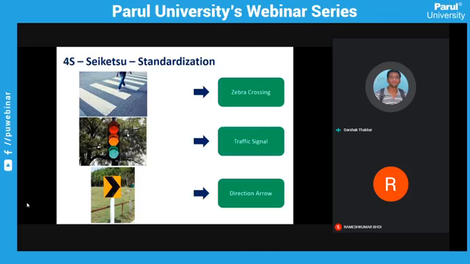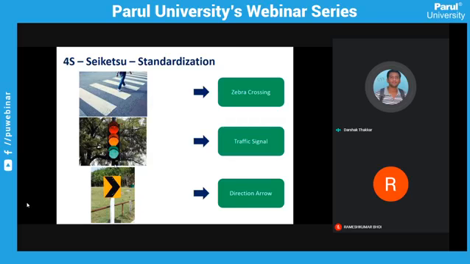Our workplace should be like this. Once you enter your workplace, you should not need to ask any person where you have to go, how to work, how to do your job, right? Or if an unknown person enters your workplace, they should definitely be able to enter without any information.